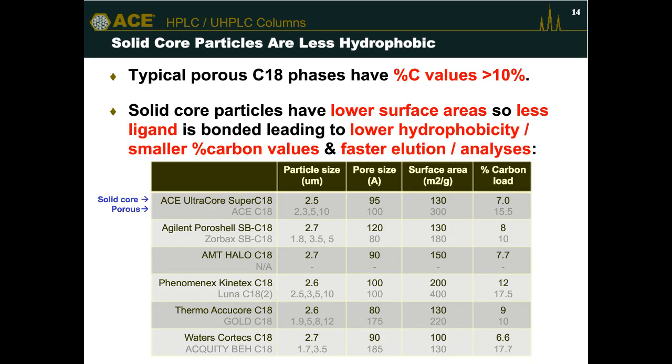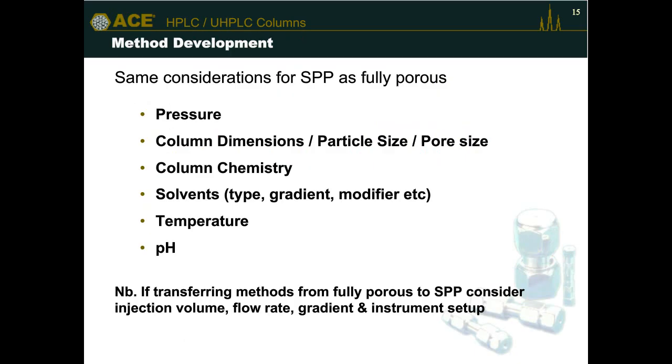So this means that we have less hydrophobic solid core phases, meaning we can, in theory, have much faster run times when we develop our methods on this type of technology column. And that leads me nicely into method development for the last section of this webinar.